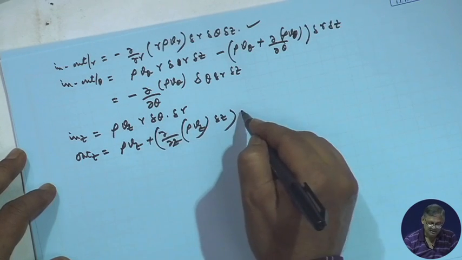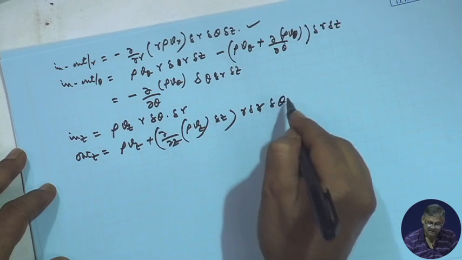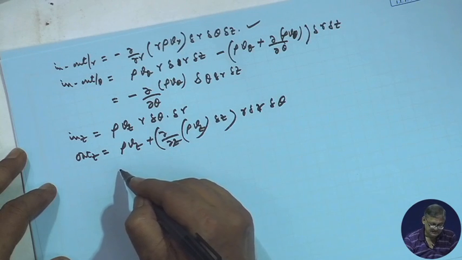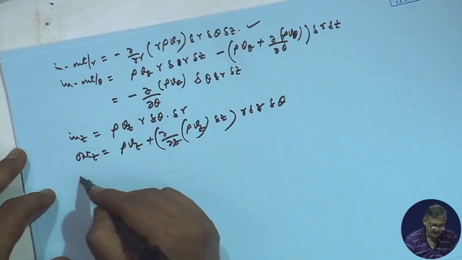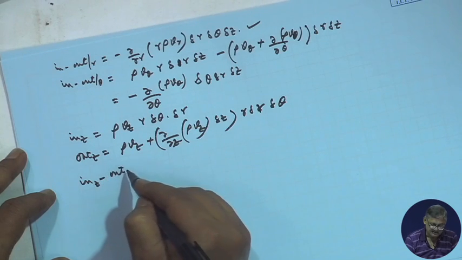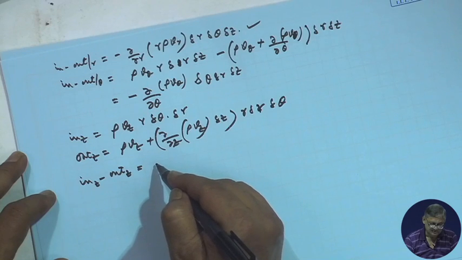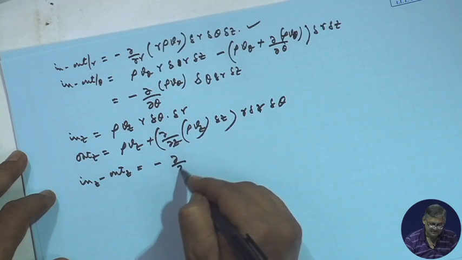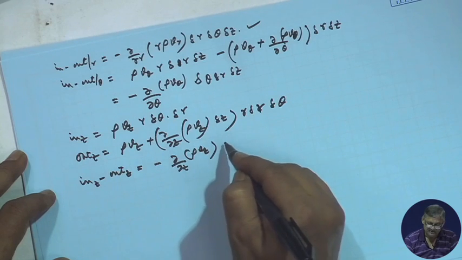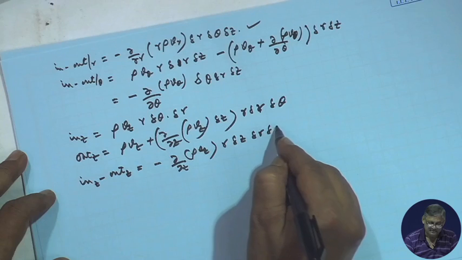This area is r del r into del theta. So in the z coordinate, in minus out is equal to minus del z of rho vz into r del z del r del theta.